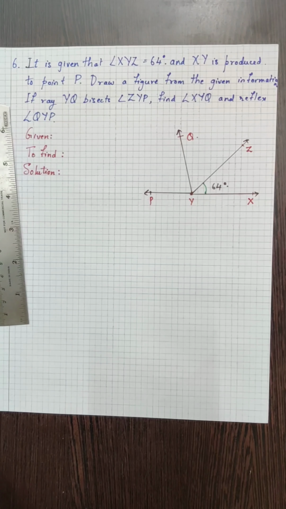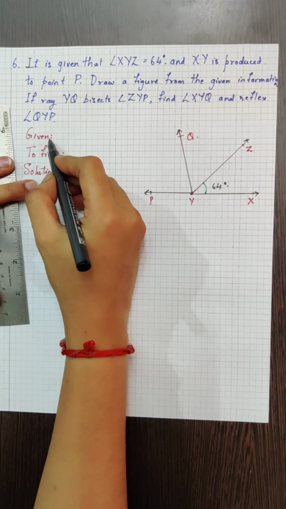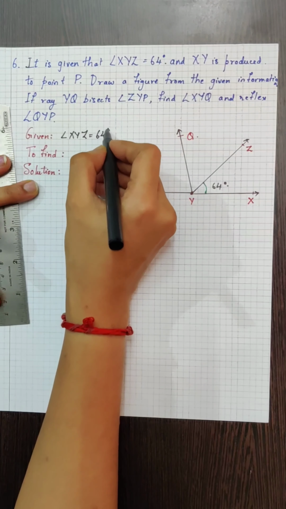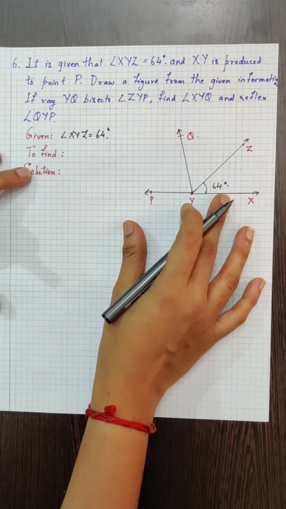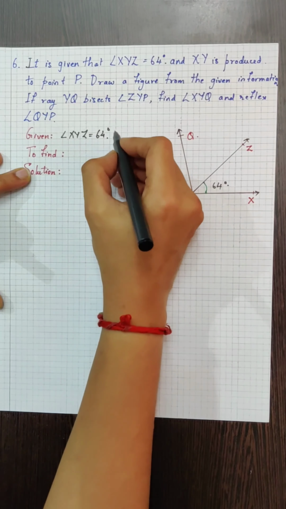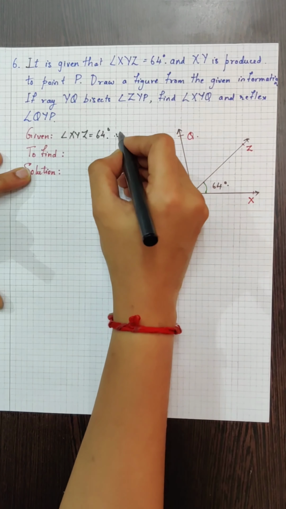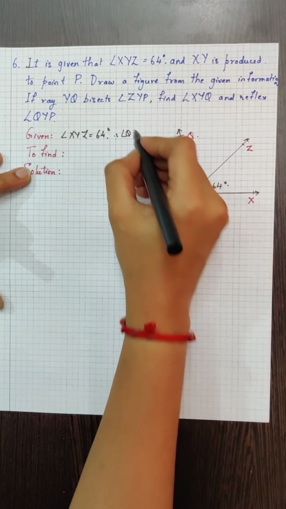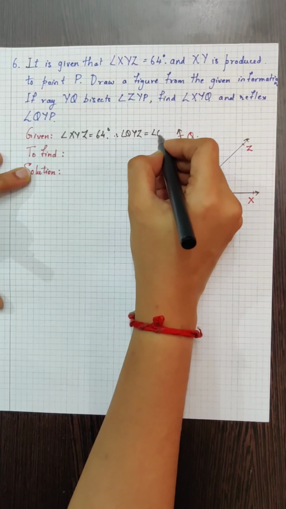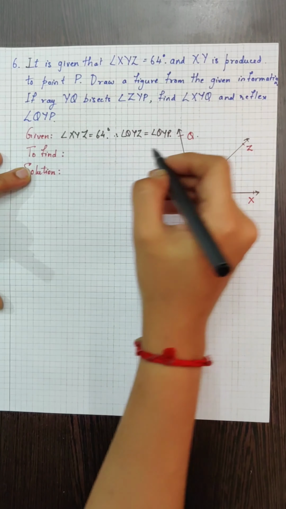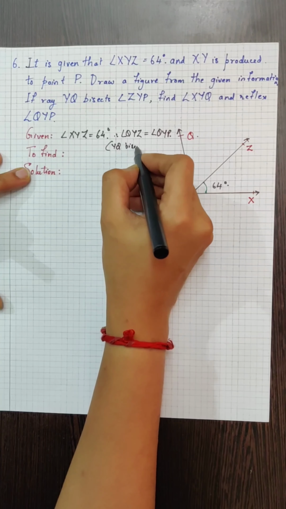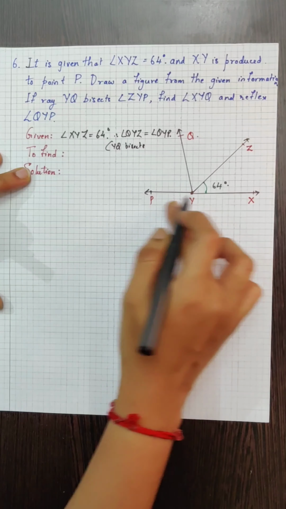First, let us write down the given information. So it is given that angle XYZ is equal to 64 degrees. And the second information given is YQ is a ray that bisects angle ZYP. Therefore, angle QYZ is equal to angle QYP, since YQ bisects angle ZYP.